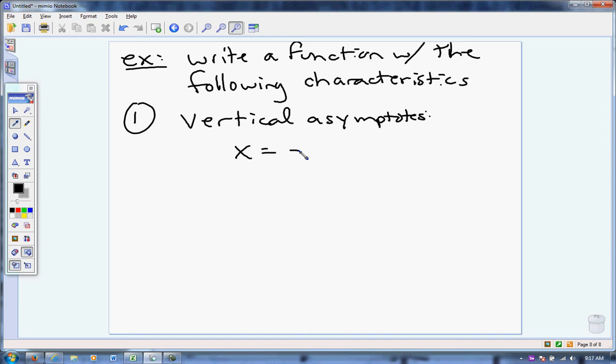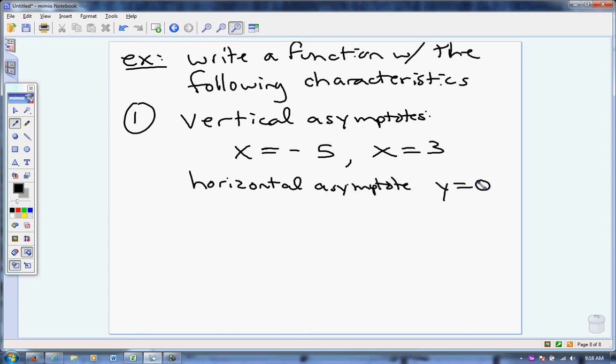One at -5 and one at 3. And let's say that there is a horizontal asymptote at y equals 0. Something like that.